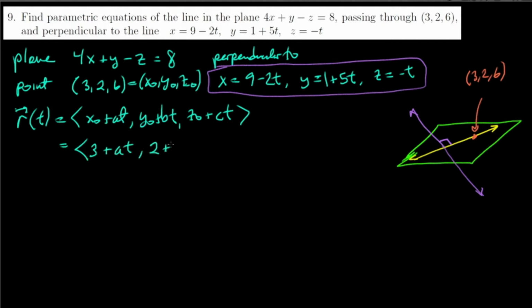So 3 plus at, 2 plus bt, and then 6 plus ct. Right? So I'm looking for a vector that points along the line. So a vector that points, say, this way here. So we'll call that v, and it has components a, b, and c. Right, so is that clear how to find that vector?